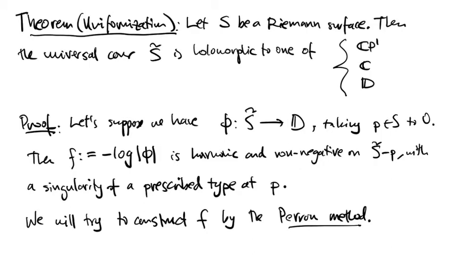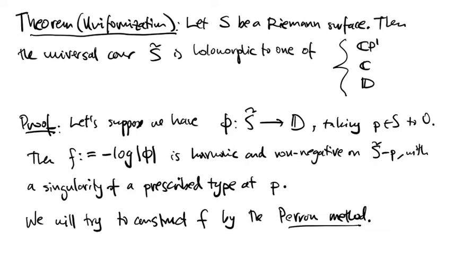How would we find a uniformizing map? Let's suppose our universal cover S̃ is holomorphic to the open unit disk, so that there's a holomorphic isomorphism φ from S̃ to D. And let's suppose it takes some prescribed point P to the point 0. How would we find the map φ?